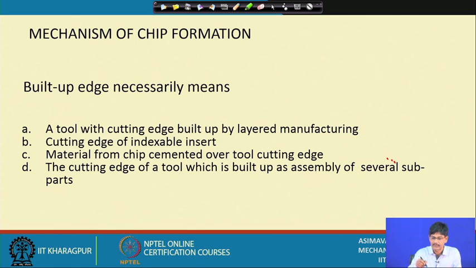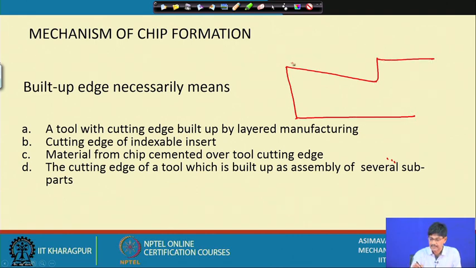actually, if you have a look at the built up edge, if you have the tool this way, and if you have the chip going this way, built up edge is cementing of layers of chip material which suffers stagnation, and it gets almost welded with the tool rake surface, and thus it covers the cutting edge.